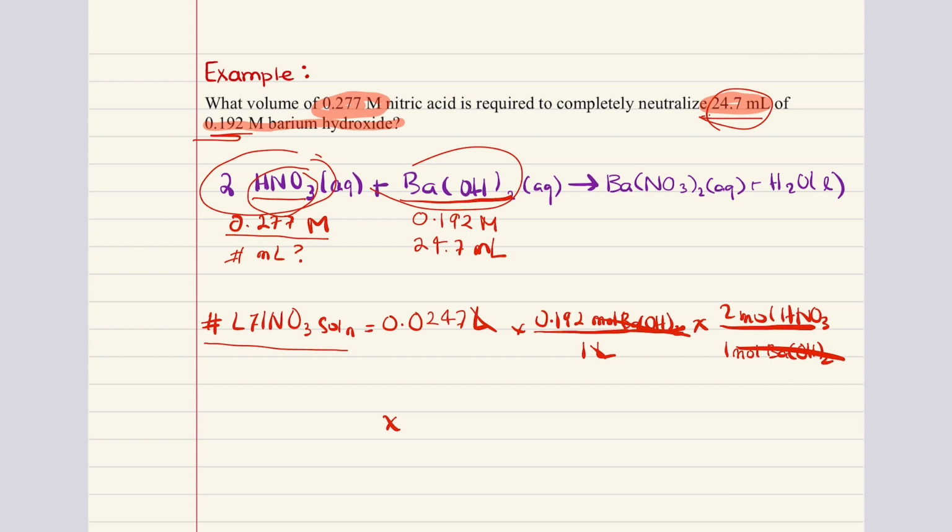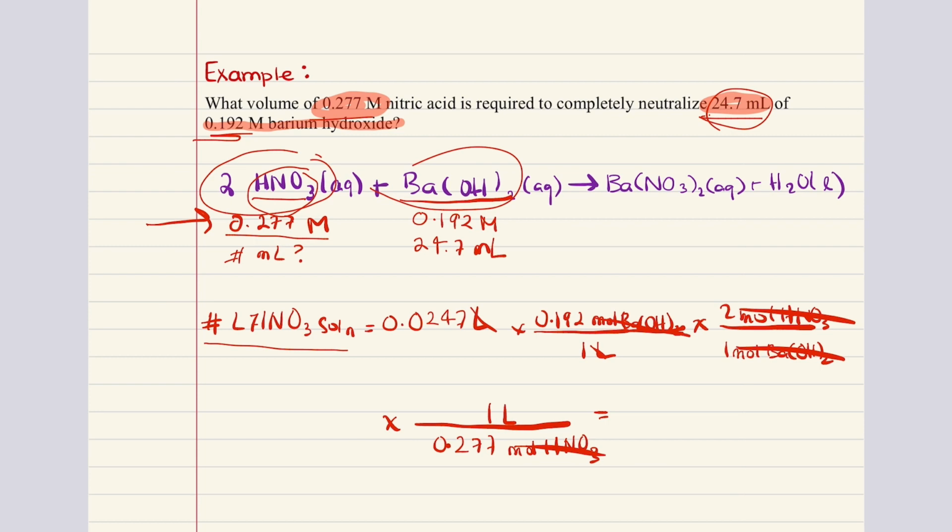How? We're going to use the concentration of nitric acid because the units for molarity are moles per liter. What is our molarity for nitric acid? 0.277. So we write 0.277 moles of nitric acid in the denominator so that moles of nitric acid cancel out, per 1 liter. Now we can get our answer in units of liters for our nitric acid solution.